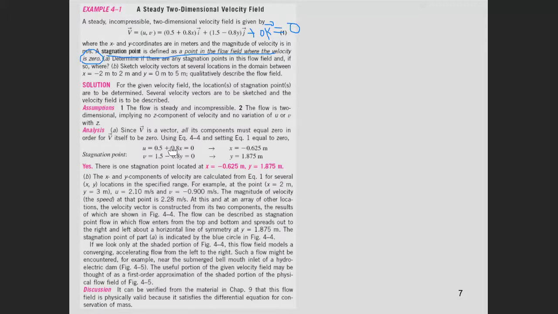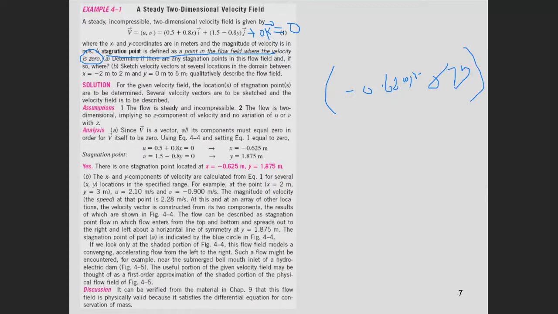Now, equating u to zero gives us x equal minus 0.65. Equating v to zero gives us y equal 1.875. Do you agree with me, gentlemen? So that means indeed there is a stagnation point, and it is positioned at minus 0.65 and 1.875.